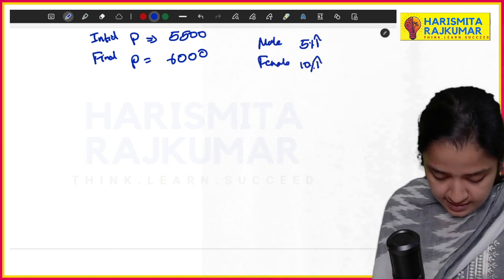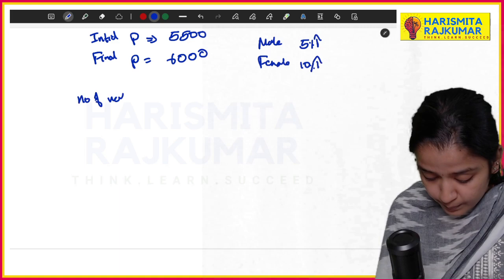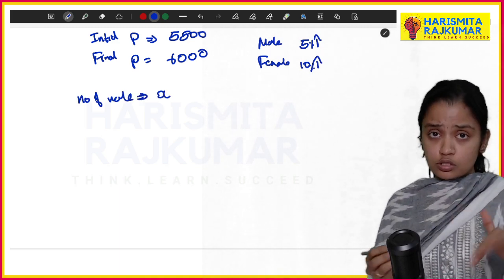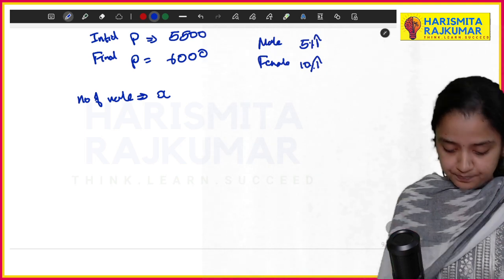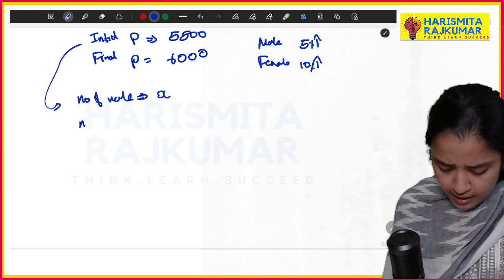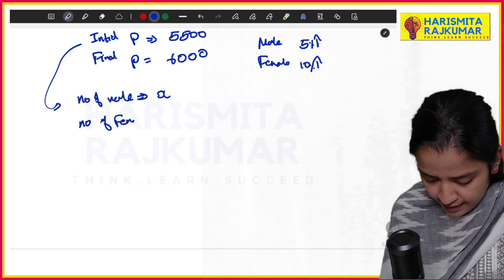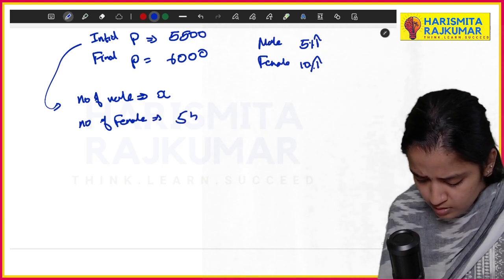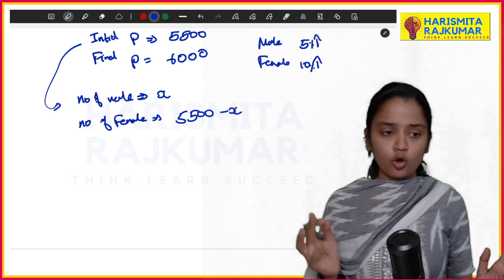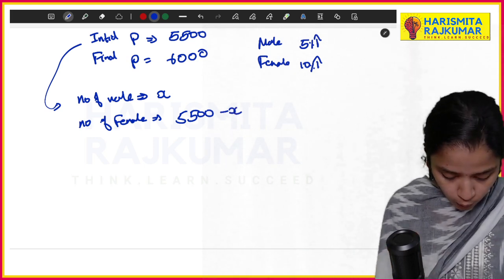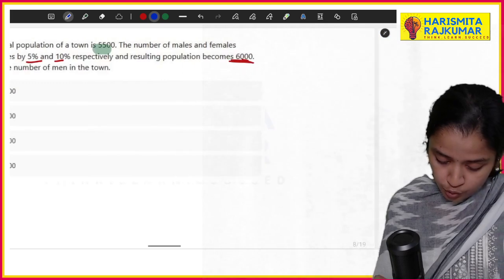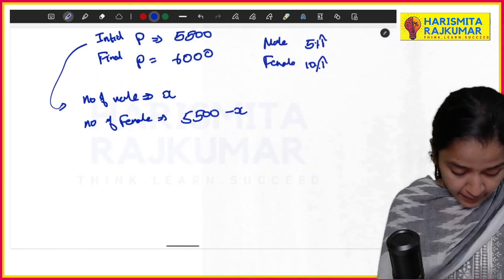Now let us say the number of males is x. This is the original. So the number of females will be 5,500 minus x. I hope you understood. Now what is the question? You have to find the number of men.